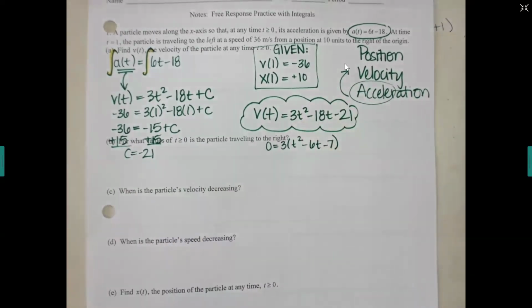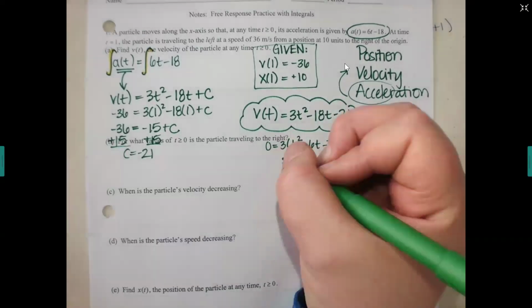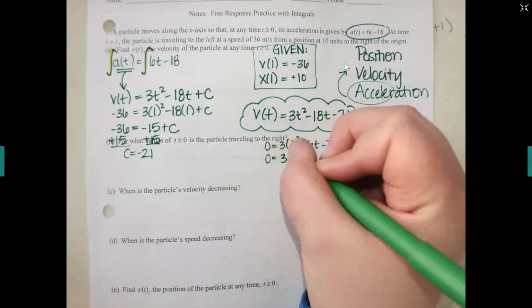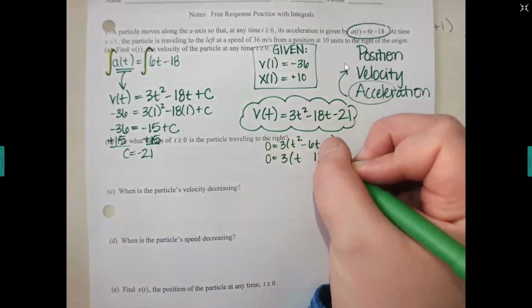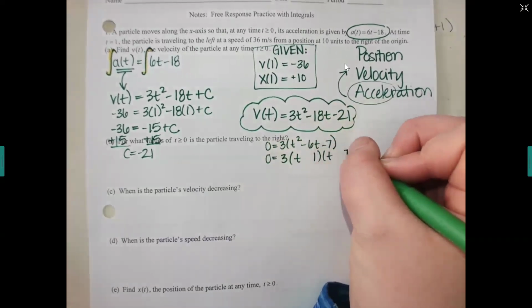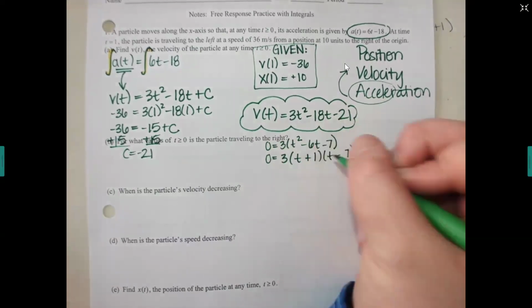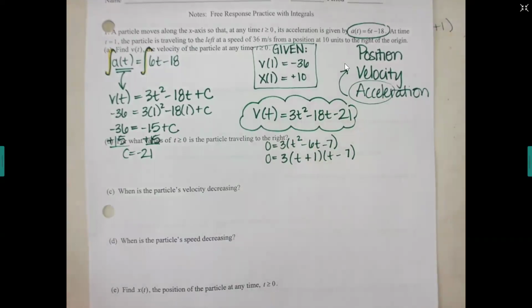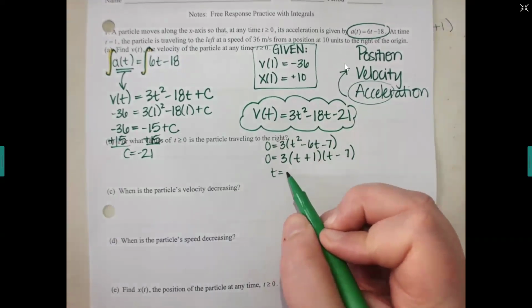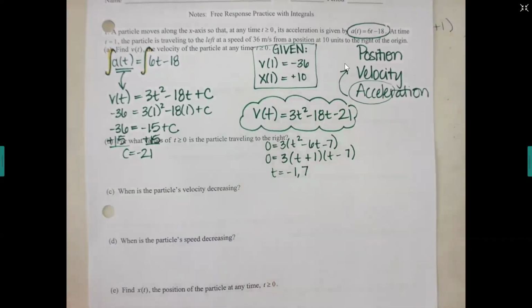And then I need numbers that multiply to 7 and subtract to 6. But with 7 being prime, I can really only do 1 and 7. Which one will need to be negative? The 7, very good. Which means that my critical numbers, or my at rest times, would be negative 1 and positive 7.